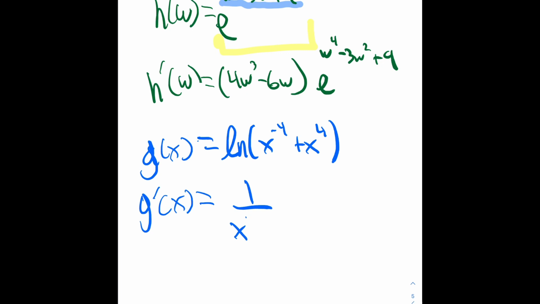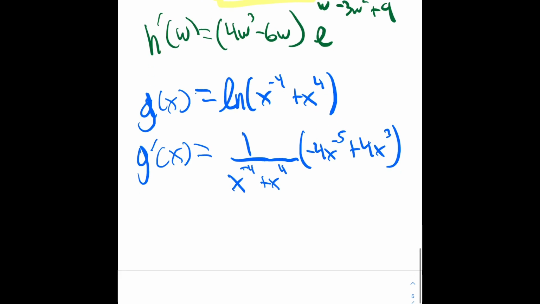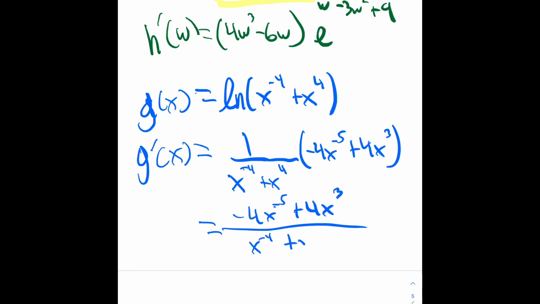So the derivative of this is 1 over x to the negative fourth plus x to the fourth, multiplied by negative 4x to the negative fifth. Just using the power rule here. If I simplify, that's going to give me negative 4x to the negative fifth plus 4x to the third. And then this would be over x to the negative fourth plus x to the fourth.